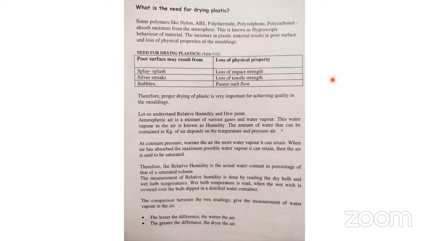Which are those polymers? Nylon. If you put it in water, it will try to drink the water, friend. Same with ABS, polyetherimide, polysulfones, polycarbonate. They absorb moisture from the atmosphere, and this is known as the hygroscopic nature.